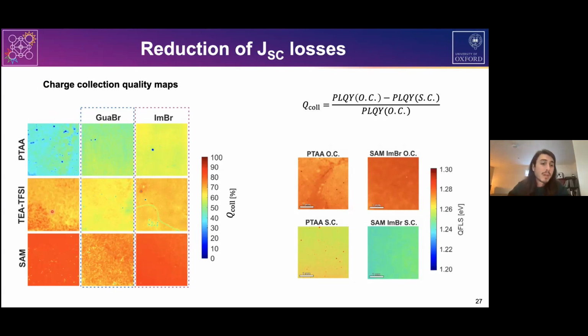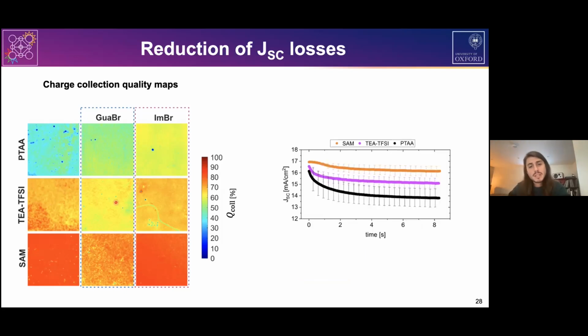But we can also see that, even when it gets more homogeneous, with TA-TFSI or the SAM, the quality of collection gets nicely improved. And these follow very nicely the JSC decay that we observe in the full devices. So the two measurements qualitatively agree.